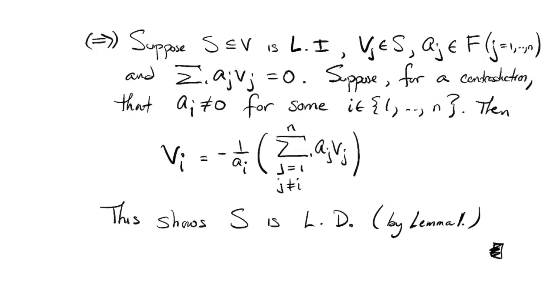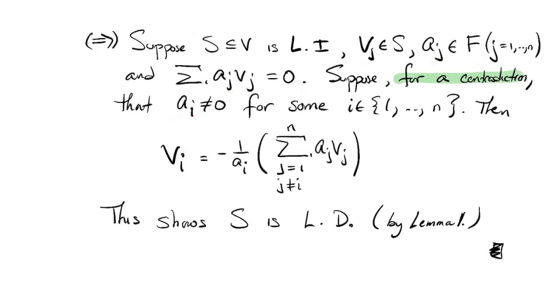Got a linearly independent set, okay? So suppose I have some vectors, Vj, and some scalars, Aj, and the linear combination of those things is equal to 0. I'm trying to show that the coefficients are all 0. So for a contradiction, it's a logically complicated proof, but I'm going to suppose that one of these coefficients isn't 0.